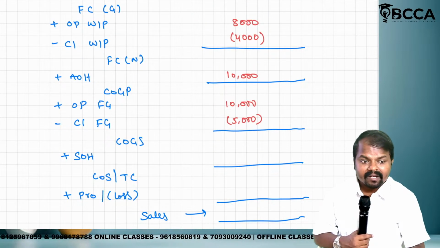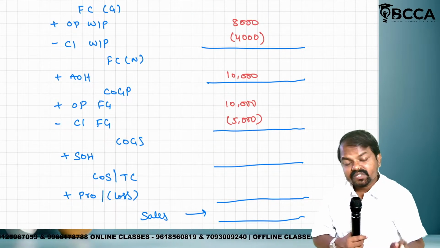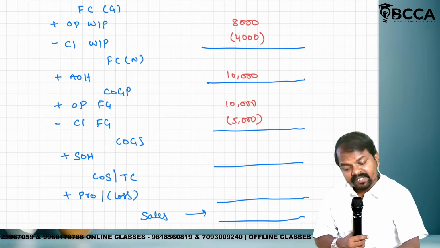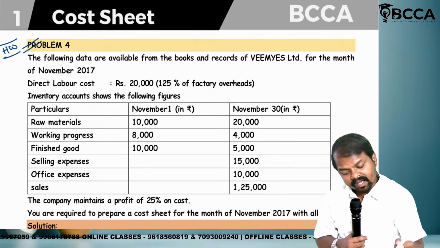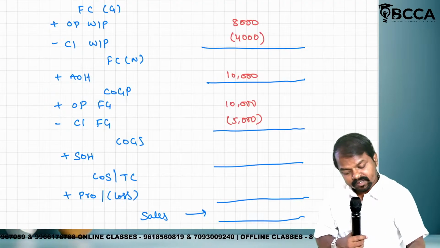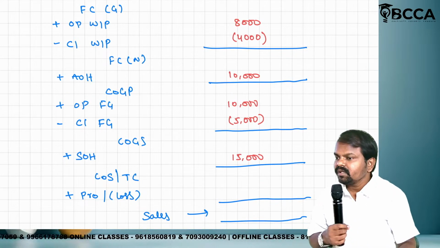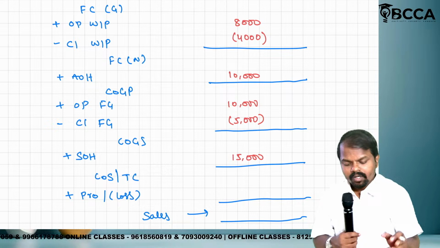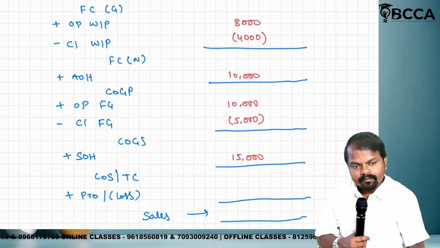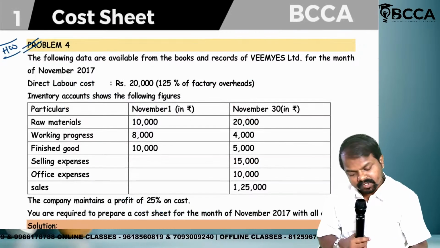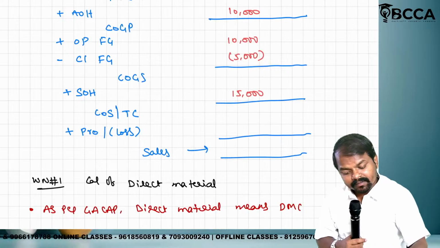COGS we can find out? No. SOH is there? 15. Can you tell cost of sales? No. Sales is there? Please check. 1 lakh.